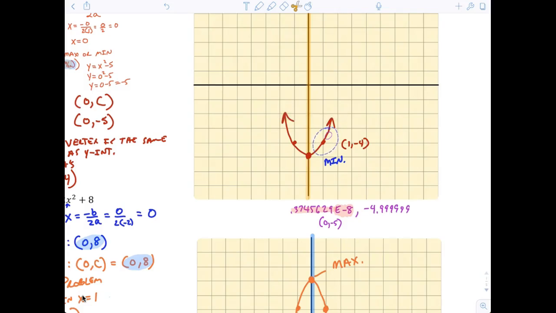I am to the what? To the right of the vertex. Now I am what? To the left. In order for your calculator to find the vertex, I've got to move the cursor anywhere to the left of the vertex. As long as you're to the left of the vertex, you can hit enter. All right? So you should be somewhere to the left of the vertex. Hit enter. Is that good? Yeah. Then what comes up?